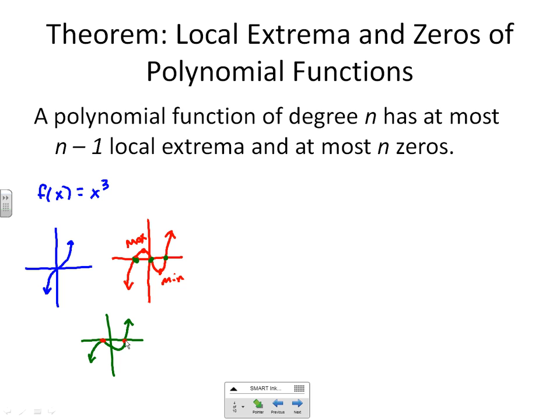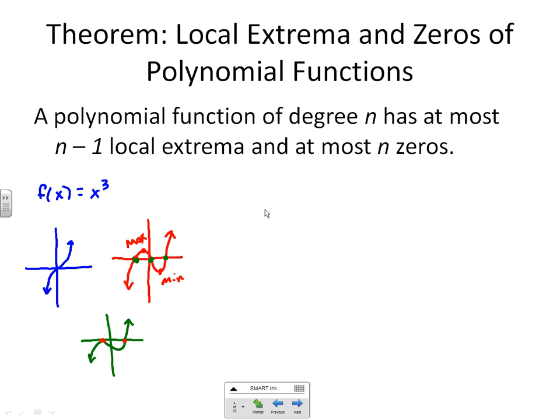So what this is saying is that if I know it's a cubic function, I know it's the degree of 3, I have at most 2 extrema, a max and a min, and at most n zeros. So I can't have more than 3 zeros here. I can have less than 3, but I can't have more than 3. And I can't have more than 2 extrema, my maxes and my mins.